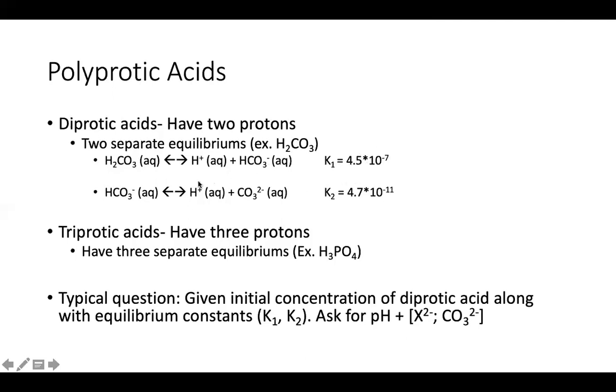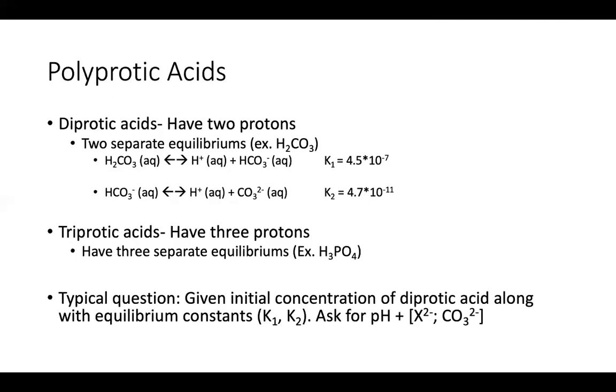Now, we actually also have a second equilibrium, which is for the dissociation of that second proton. So now we're going to start with bicarbonate, and bicarbonate can dissociate into H plus and carbonate, so it can lose its proton. And this has its own unique equilibrium constant, which is listed here.